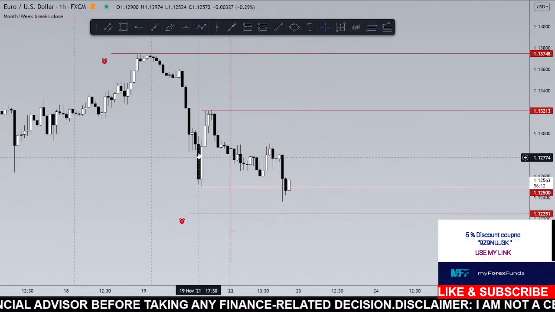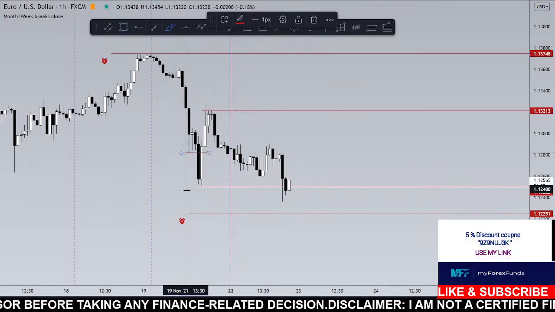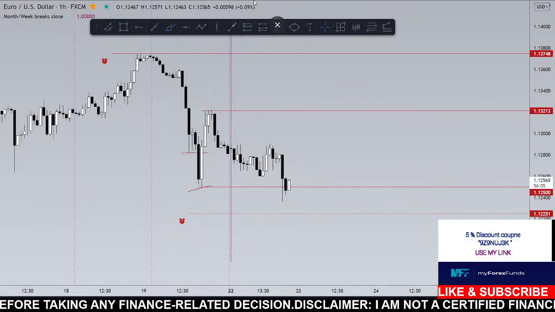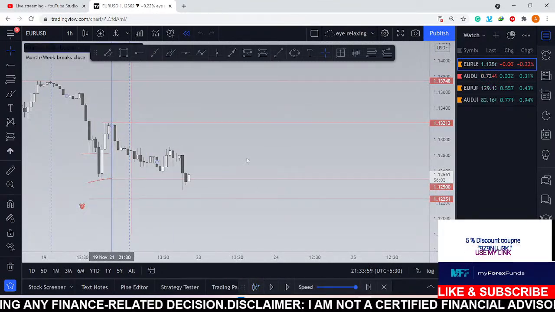So here we can see that first the market broke the low and retraced. Let me just do a bar replay so that we can understand the market more.